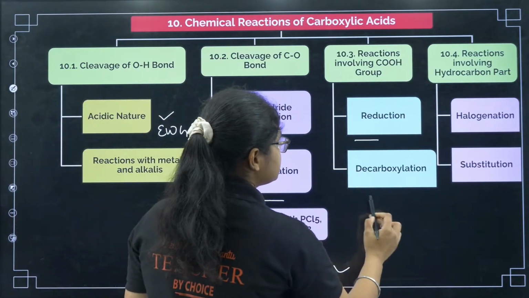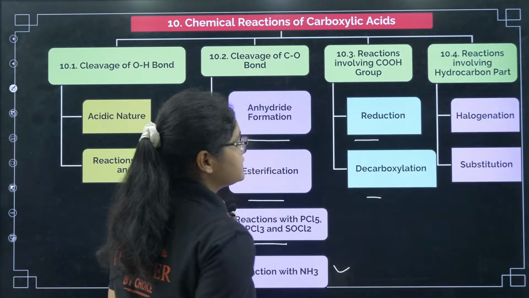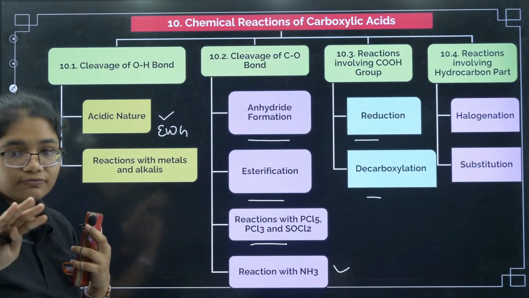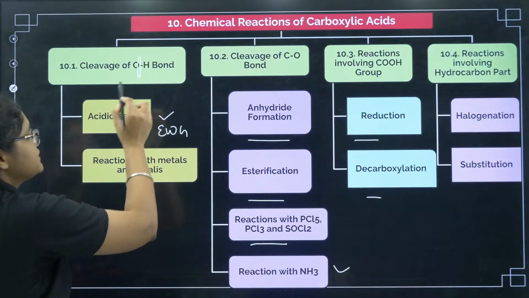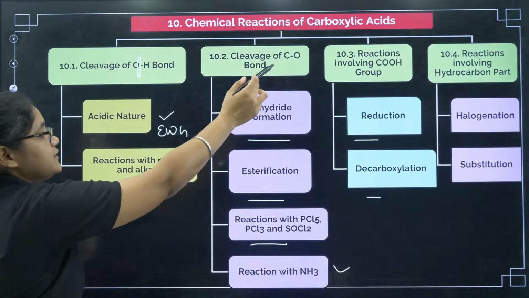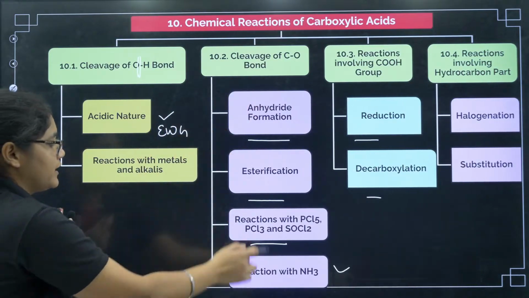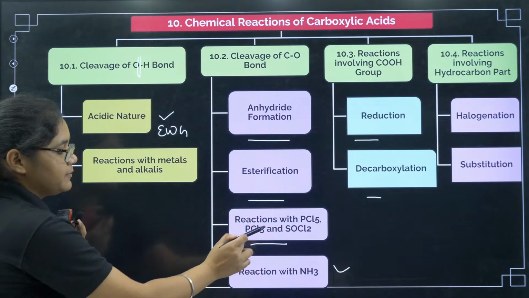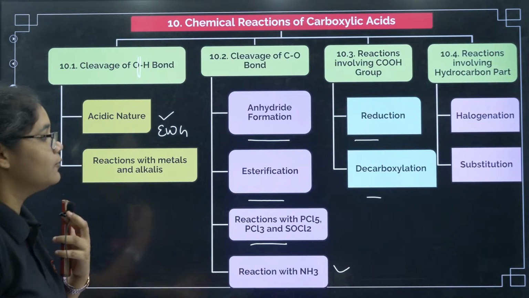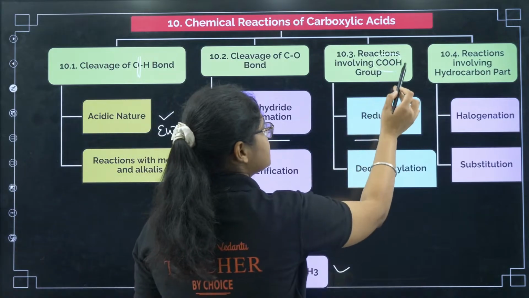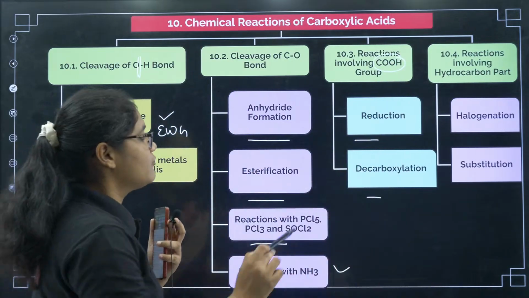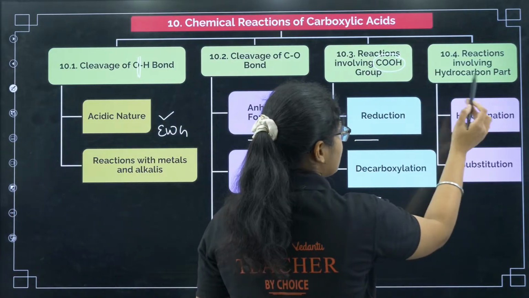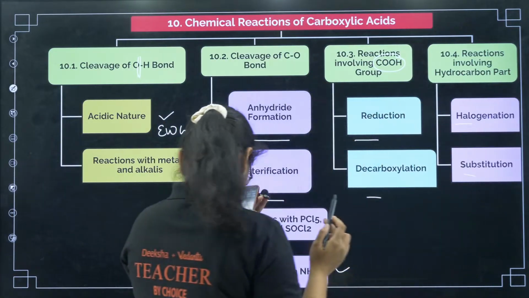Then you have reductions, decarboxylations, and halogenation and substitution. The reactions are categorized into four parts. First where there is OH cleavage, then where there is CO bond cleavage. In that we have four reactions: anhydride, ester formation, reactions with PCl5, PCl3, SOCl2, and reaction with ammonia. Then where the COOH group is involved, that involves reduction and decarboxylation, and where the R part is involved, that is halogenation and substitution.